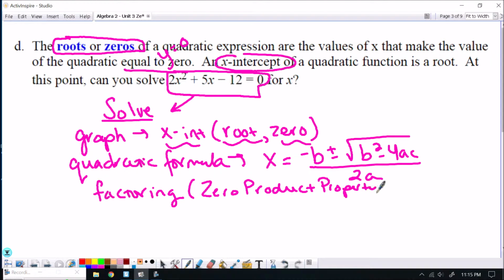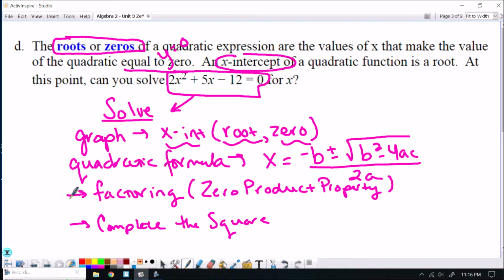So that's new for us. And then the other thing is we've completed the square to put the equation in a different form, graphing form, but we have not used it to solve yet. We'll be able to use completing the square to put it in graphing form and then solve for x.